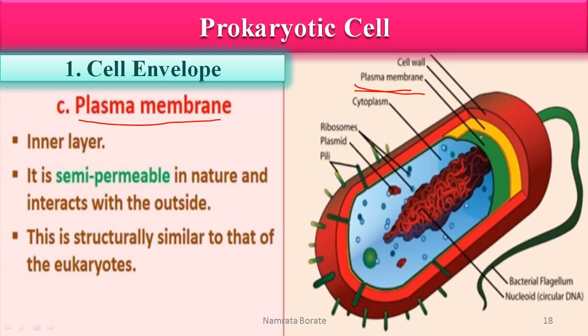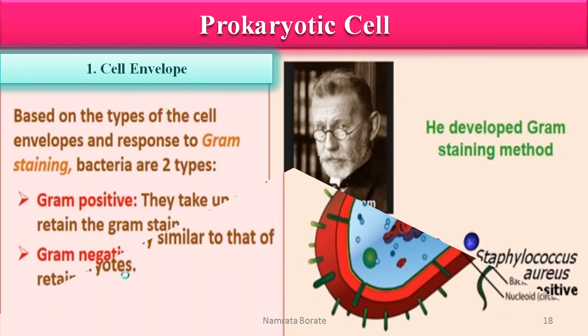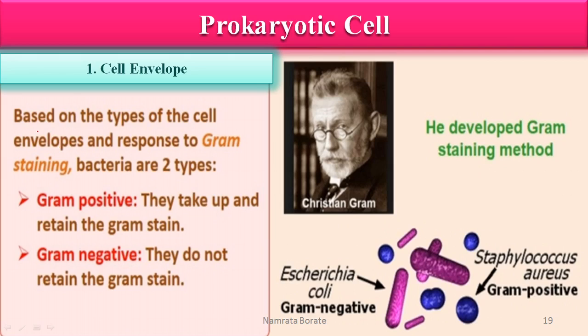It is a site for respiration, photosynthesis, synthesis of lipid, and synthesis of cell wall and its components. The plasma membrane is semi-permeable in nature and interacts with the outside. It is structurally similar to that of eukaryotes. The cell envelope is a very important part.